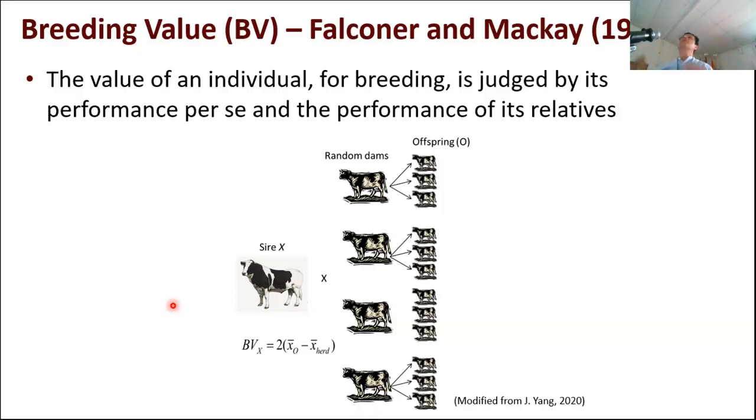In plants, we can do the same thing: we can gauge the breeding value of any plant or genotype based on the performance of that plant itself and the performance of its relatives. The way they do it in animal genetics is they follow pedigrees.